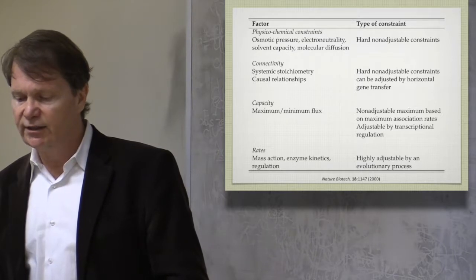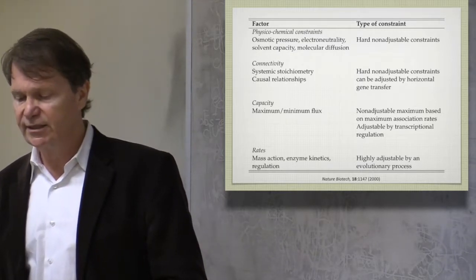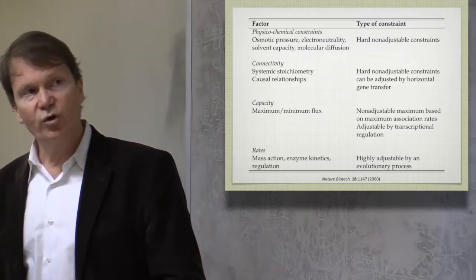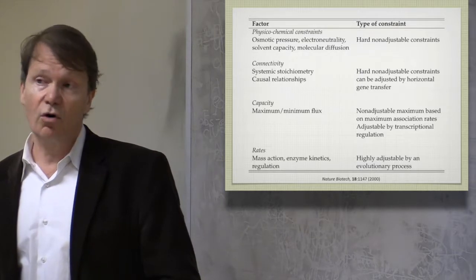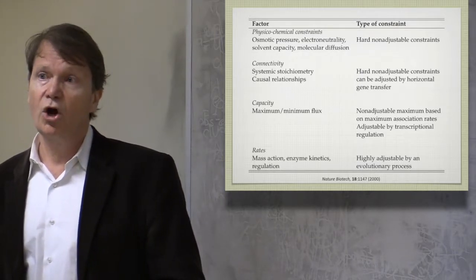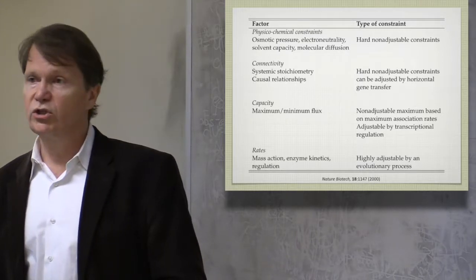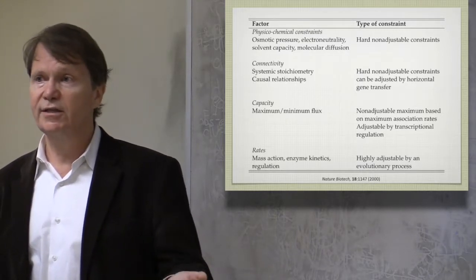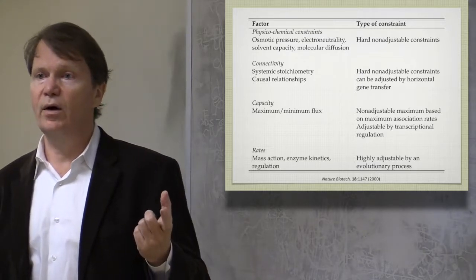There is connectivity. Once you define the set of reactions that take place inside a cell, you have the topological properties of the network. These are also hard constraints, unless there is, say, a horizontal gene transfer event that takes place. You acquire a new enzyme, and all of a sudden there's a new link in your network.